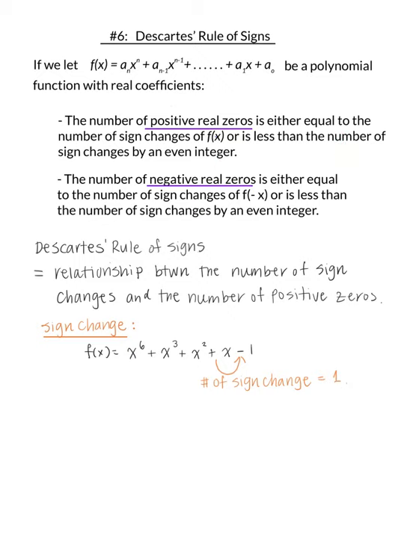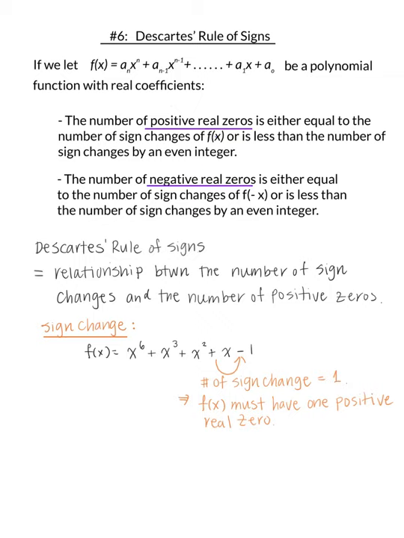The even integers are 2, 4, 6, and so forth. The closest one will be 2, the smallest one. If I subtract 2 from 1, we're going to have a negative value. Is there such a thing as a negative number of sign changes? No, there is no such thing. So this tells us that there is exactly one positive real zero in f of x.